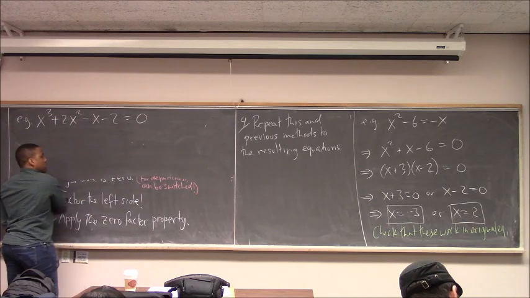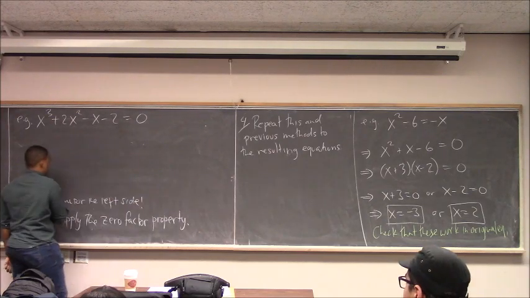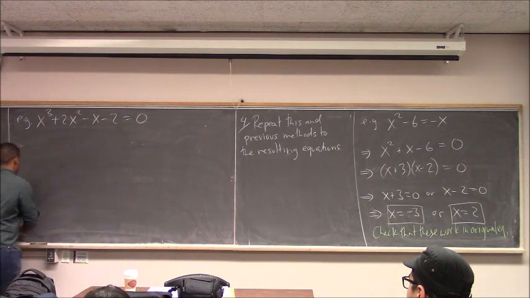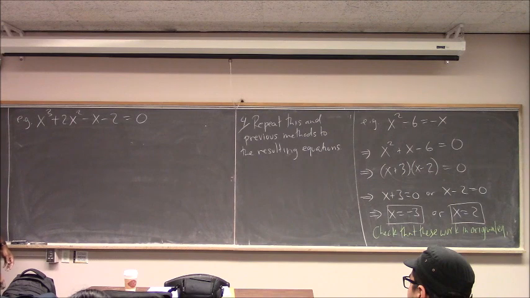In this situation, everything else is already on one side, so we can jump to step 2, which means to factor this side. How would you factor something like this? By grouping. I see there are 4 terms, so I think by grouping.